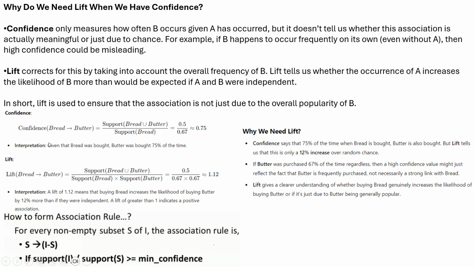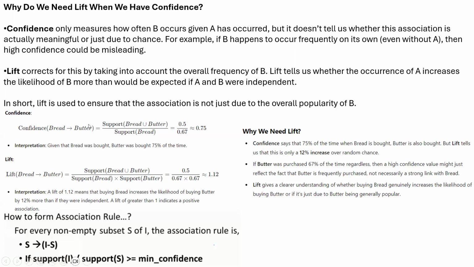What is this interpretation giving us? That butter was bought 75% of the times. As bread has occurred most of the times, you got this value 0.75. So this is coming to be 75% of the time.